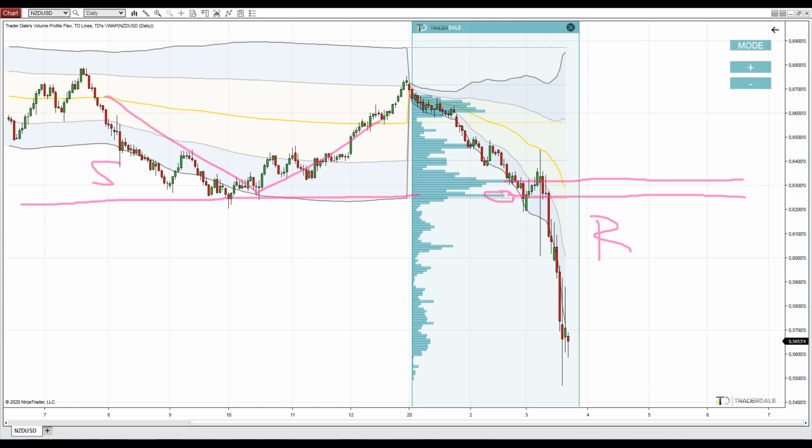But what I like about the second is that those volumes were just way heavier than those volumes. The heaviest volumes were in here, at this place. So in a situation like this, with this crazy big volatility, I prefer to take the higher level, because I think that when the price goes in here, it will test those heavy volumes anyways.